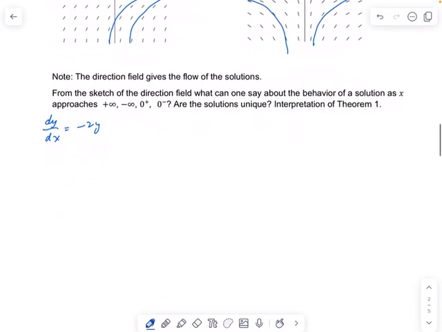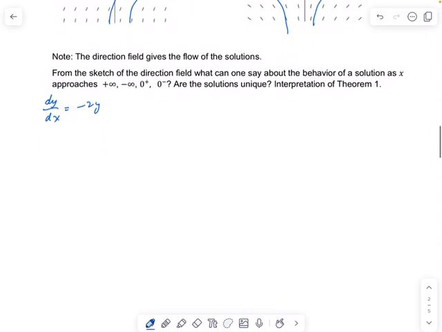An equation, or a differential equation, to which we can apply this technique is called a separable differential equation, that it can be separated.